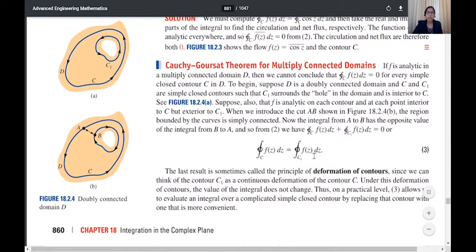How can that be possible? Because here if you see the orientation, C has counterclockwise orientation and the curve C1 has clockwise orientation. So the integral over C of f of z dz will be actually minus the integral over C1 of f of z dz. So it is not actually C1, it is minus C1, right?